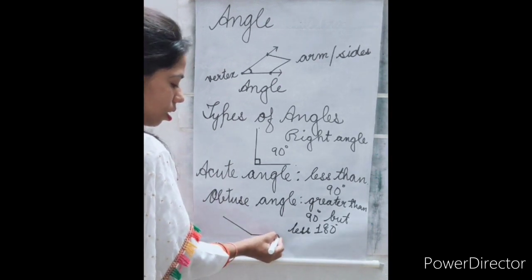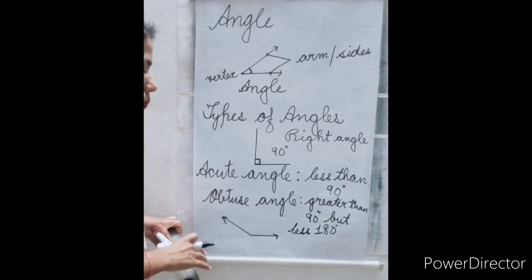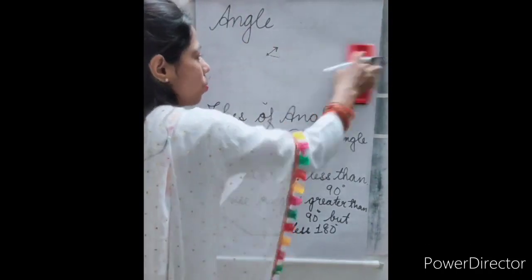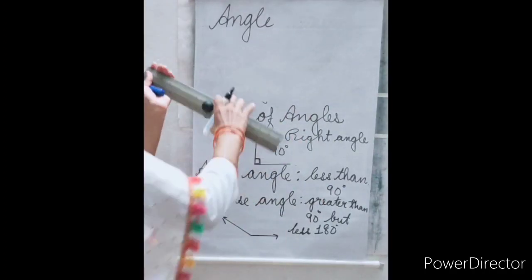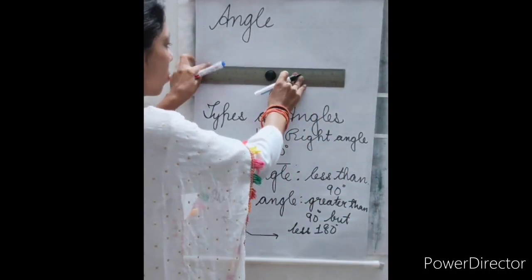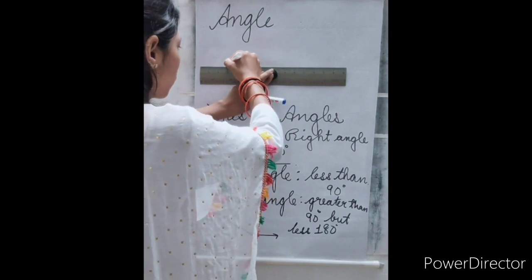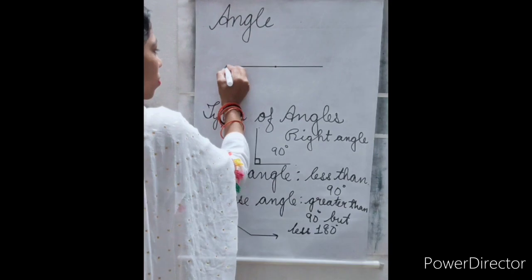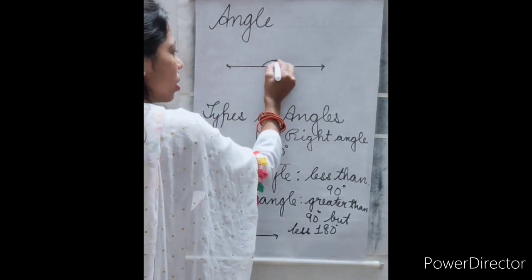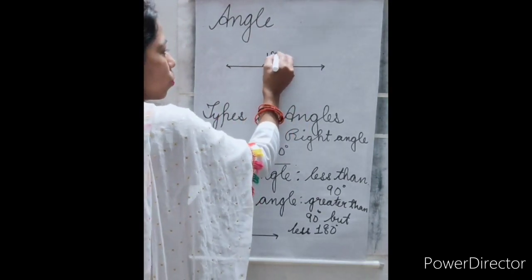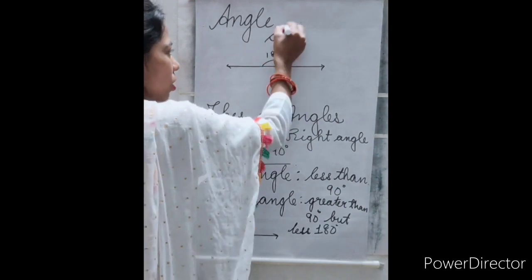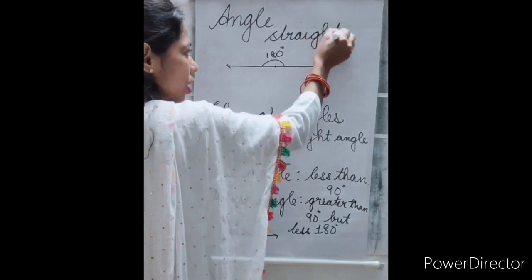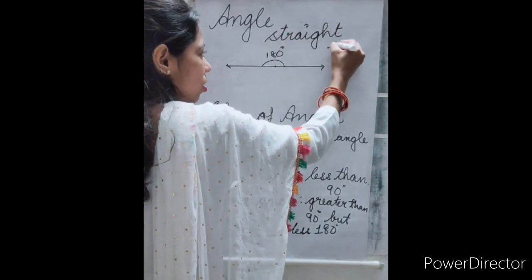See, this is also an obtuse angle. This angle is 180 degrees, and we call it a straight angle.